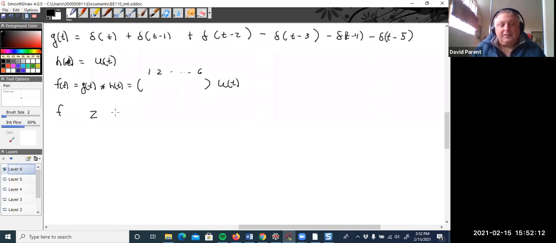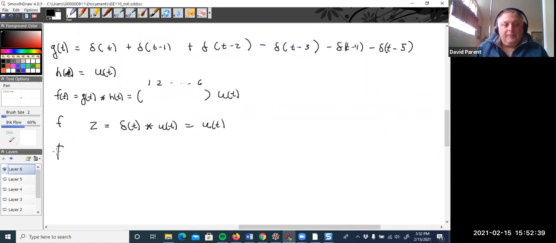And so really I have a common function of delta convolved with step, which by definition is u of t. But let's do it the Laplace way. F of s equals G of s times H of s.